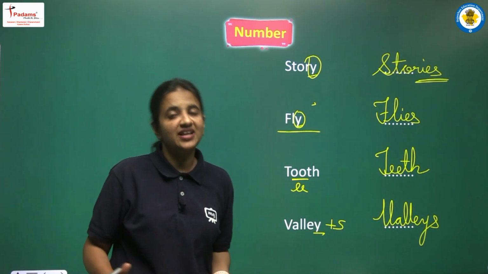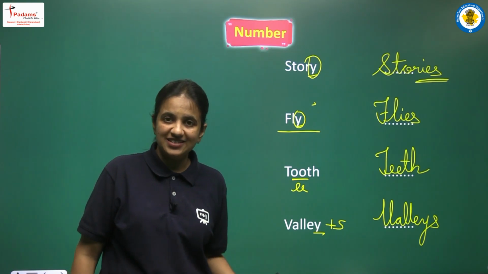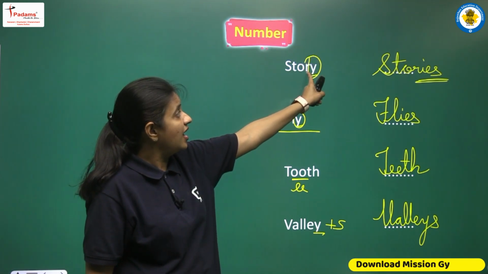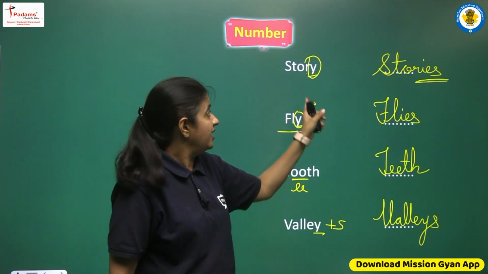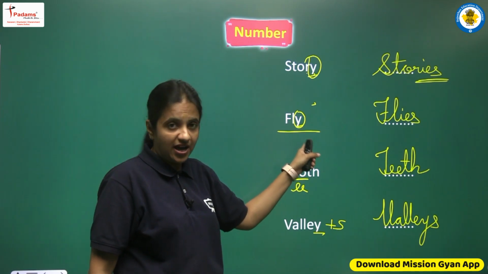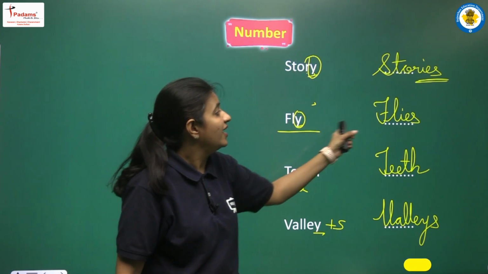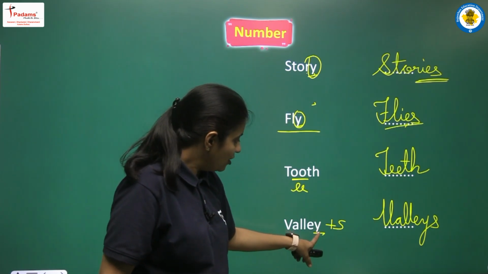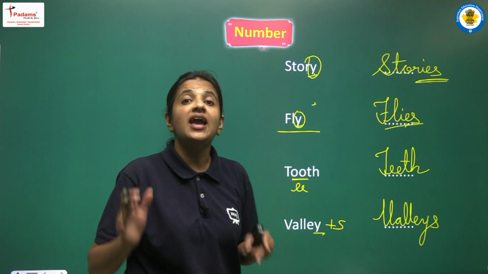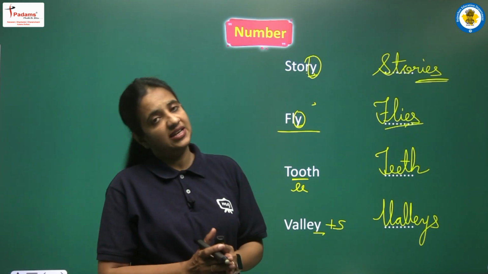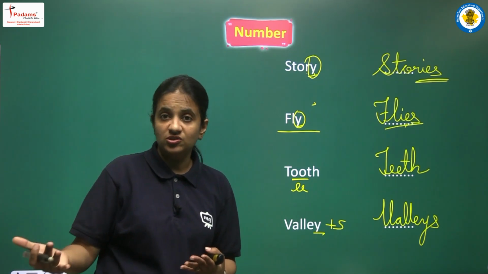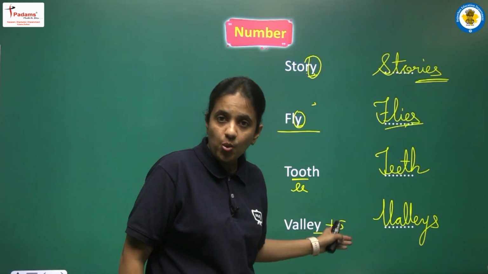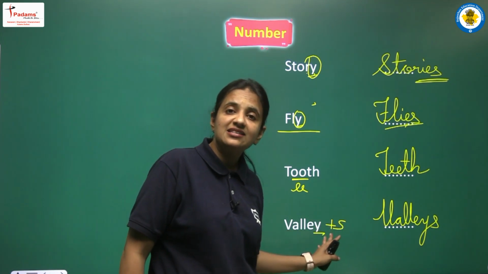Why? So what is the difference? Again I am repeating this thing, students, so listen very carefully. If before Y we are having any consonant, like in story or fly, we have to remove Y and in the place of Y we have to add IES. But if we are having Y and before Y we are having any vowel, then we don't need to remove Y, but we just have to add S after the spelling.